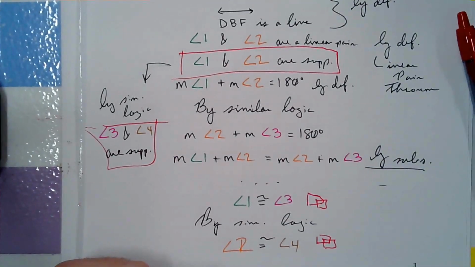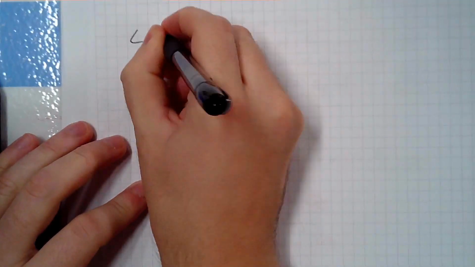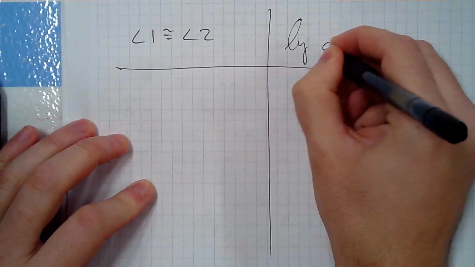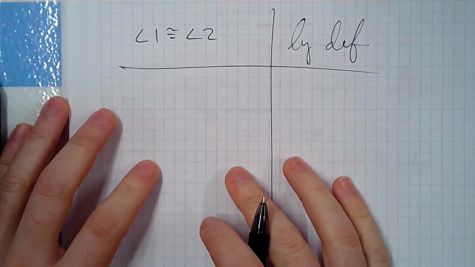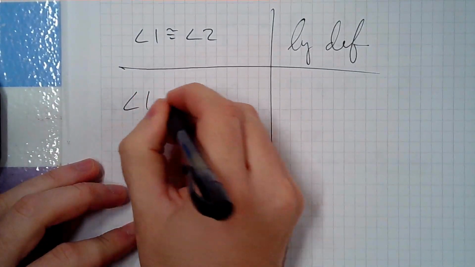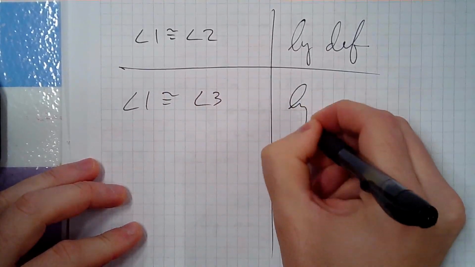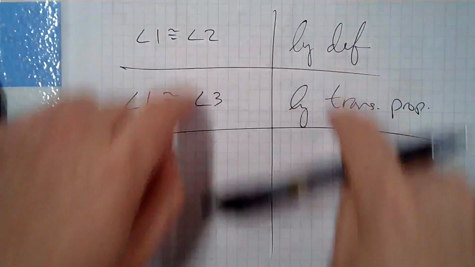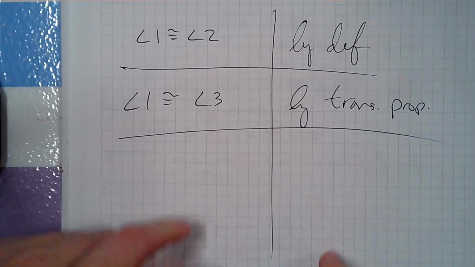When people don't do a written proof, it looks something like this. Oh, goodness. Like that. That's the nonsense that they do. It's like this box chart.